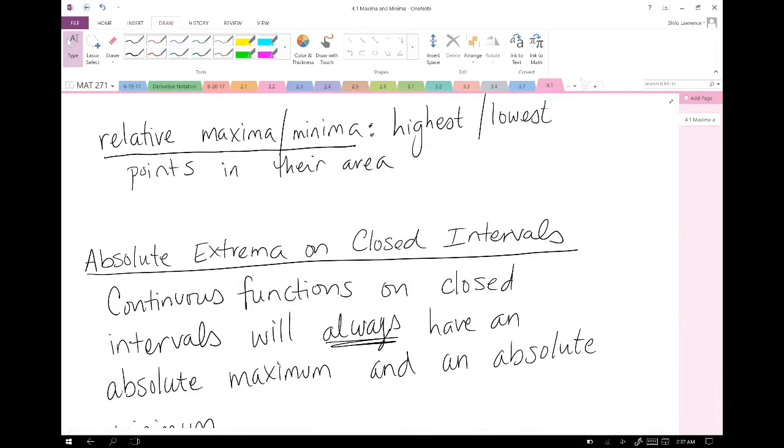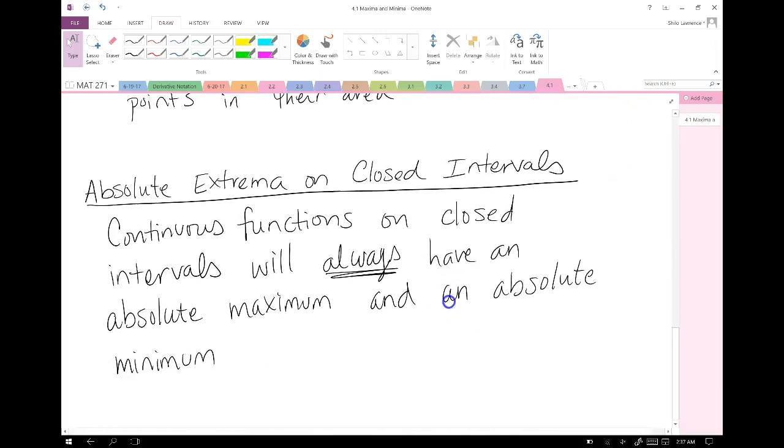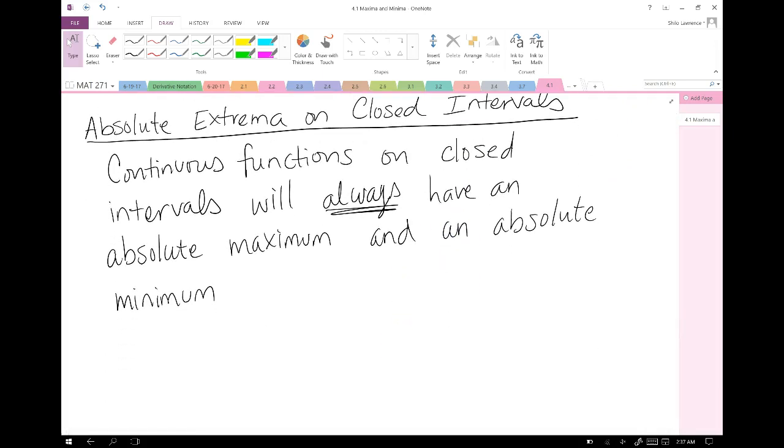But if it's a closed interval, if we have a definite starting and ending point, then it is guaranteed that we will have an absolute maximum and an absolute minimum. And there's only 2 places that we need to look for it.